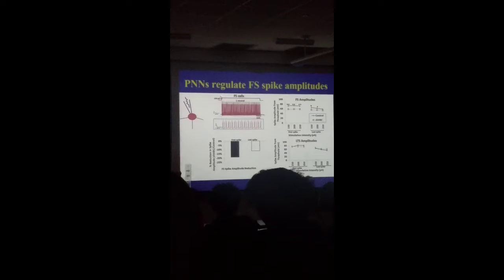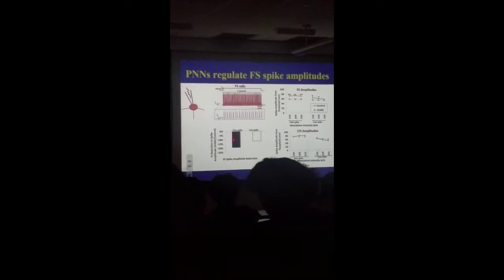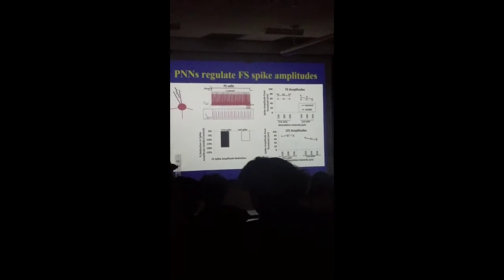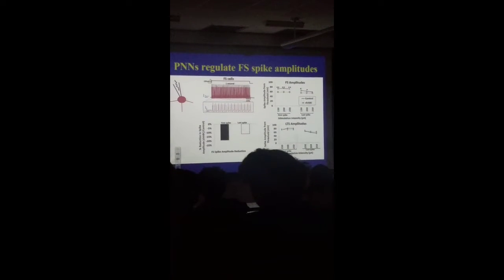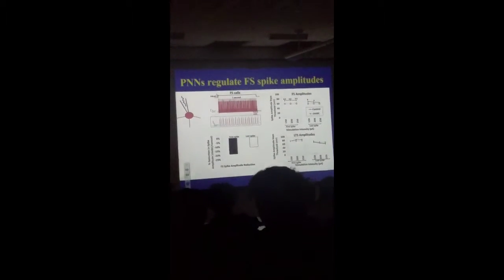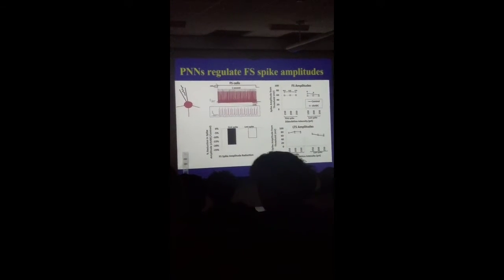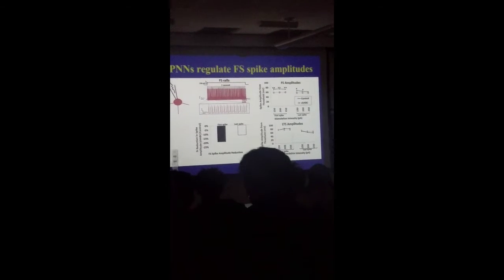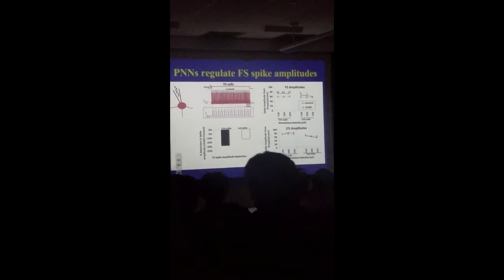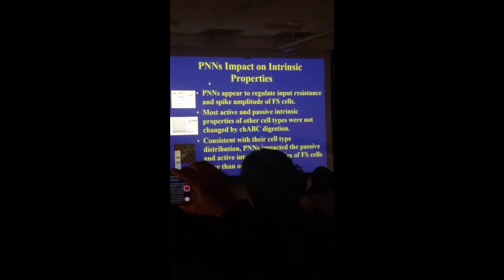If we look at the amplitude of the action potential, you can see there's a large reduction in the amplitude of the action potential. And this effect is very specific to the FS cells, because the LTS cells, the low threshold spiking cells, which are another class of interneurons, did not show this effect. So it's not a function of the enzyme we're using, it's a function of the net being digested away.